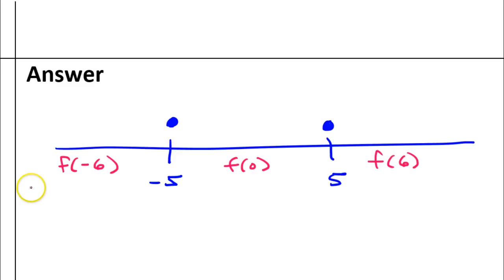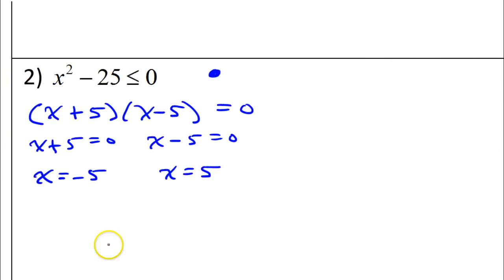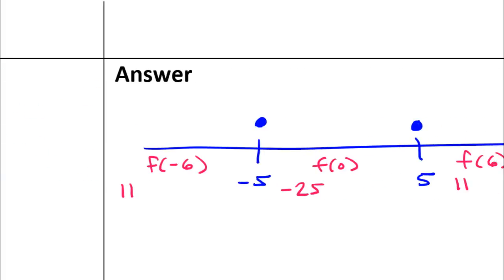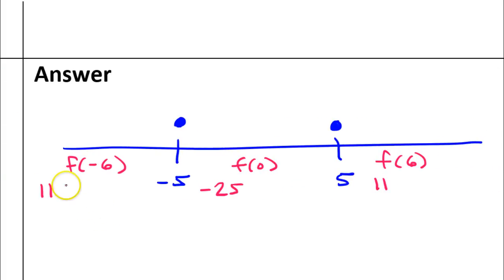Okay, so 11, -25, and 11. So remember, we're trying to see whether or not the function is less than or equal to 0. Okay, so is 11 less than or equal to 0? No, 11 is greater than 0.